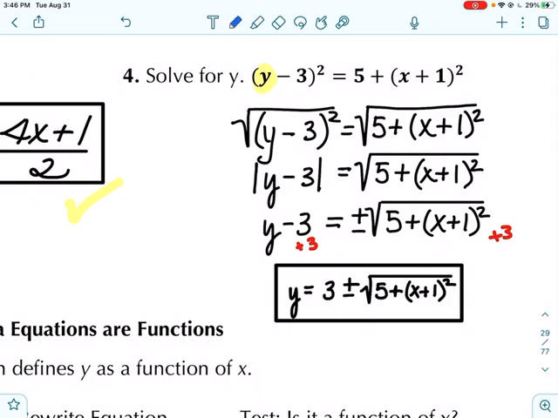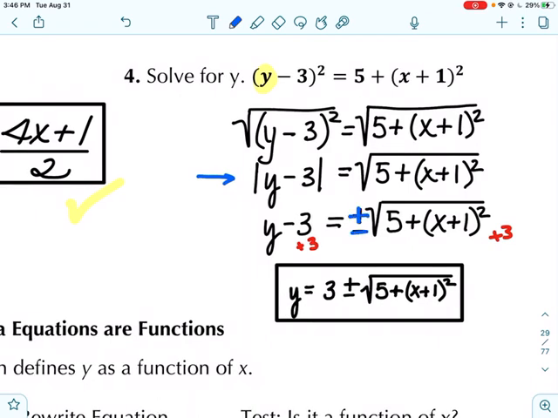It's actually the absolute value of y minus 3, the quantity being squared. What we typically do is say y minus 3 is equal to plus or minus. Many of you go from the first step to the third step quickly and avoid the second step, and that is fine.